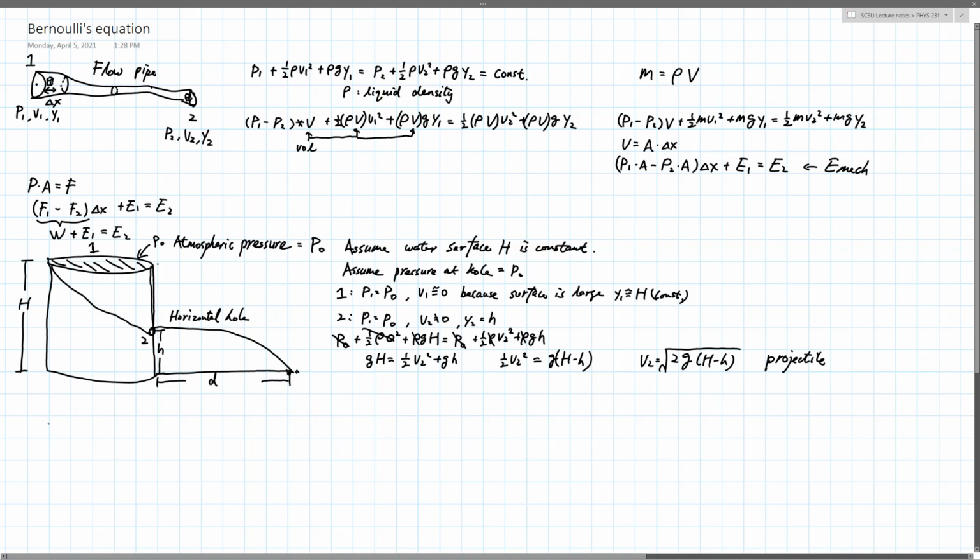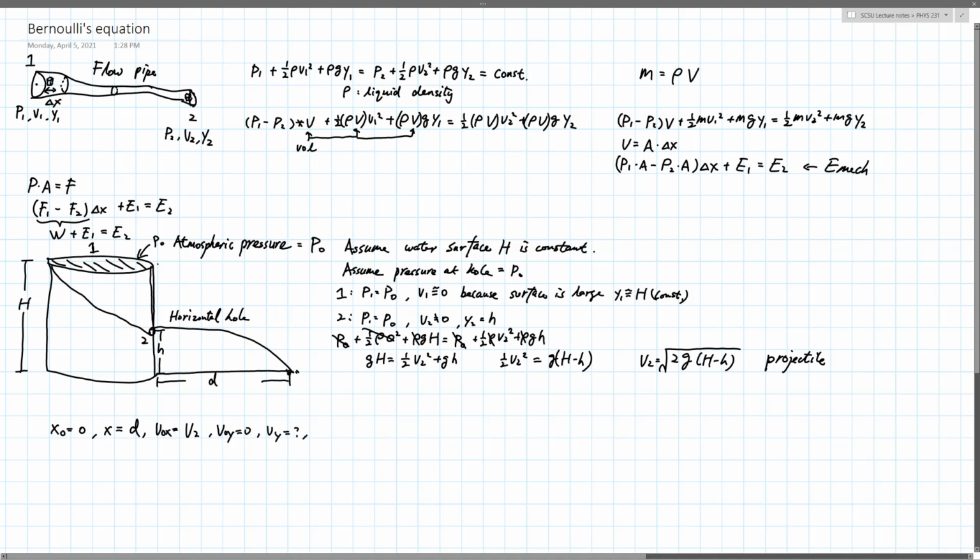We set up x0 equal to 0, x equal to d, so the horizontal motion is d far away. V0x is this v2 that we just found, and v0y is 0. We have a horizontal hole, so the water comes out horizontally initially. And vy, we don't really care about, we don't need to solve it.